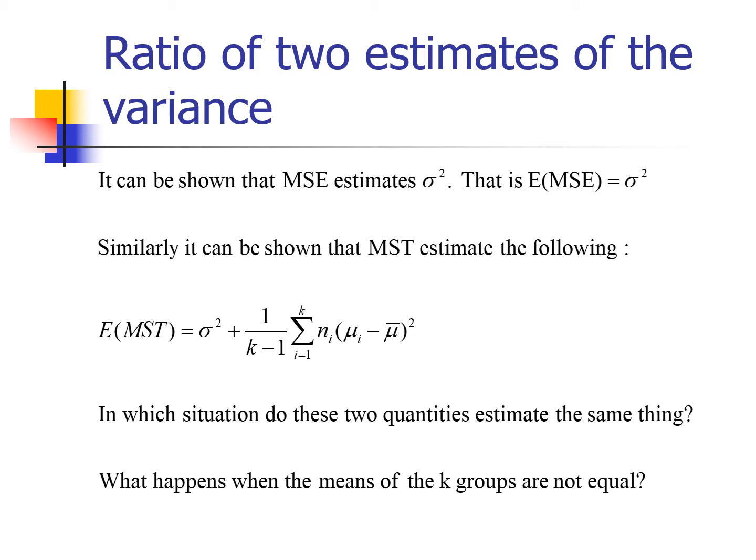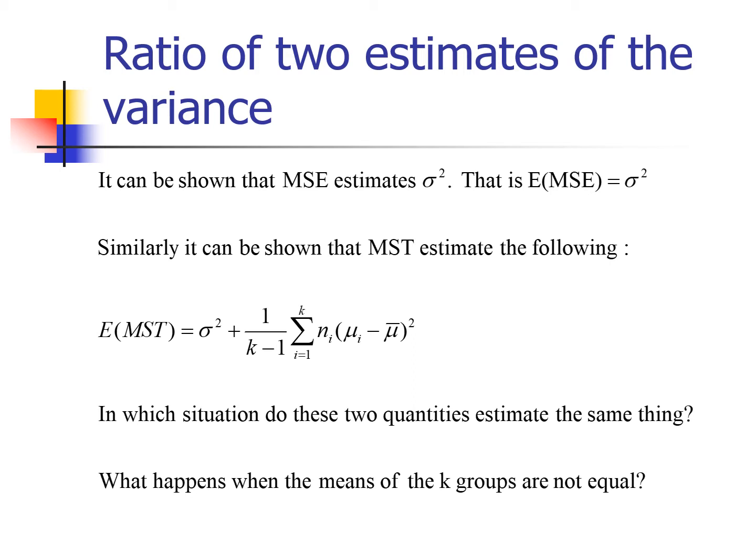So in terms of the ratio of those two estimates of variance, just like in regression, we can show that the MSE estimates that common homogeneous variance, sigma squared. And similarly, it can be shown that MST estimates sigma squared plus an extra quantity.